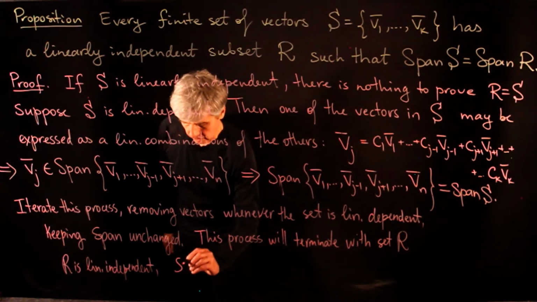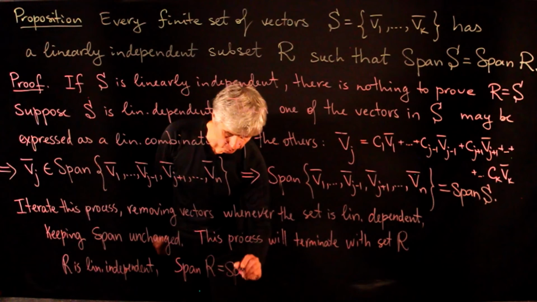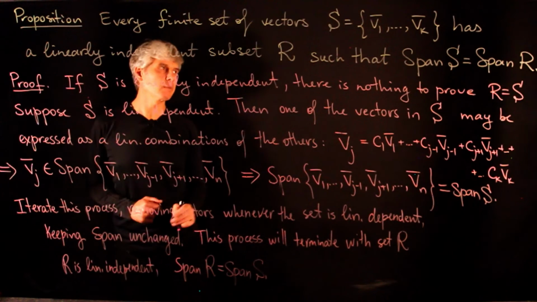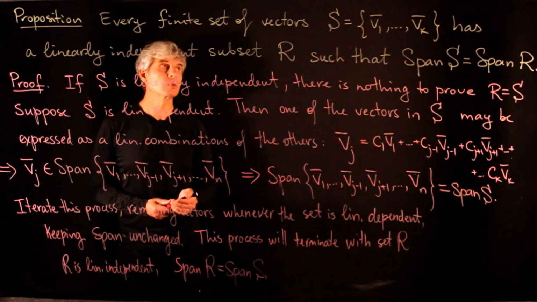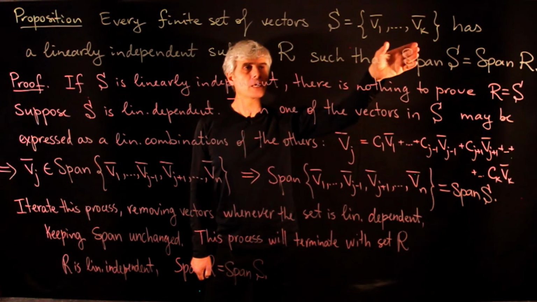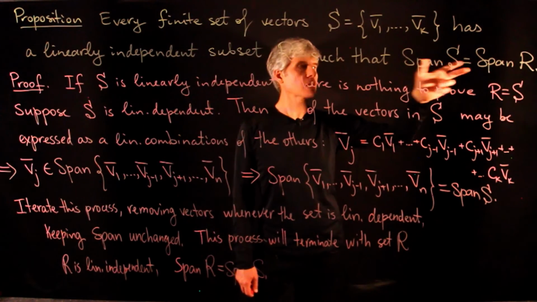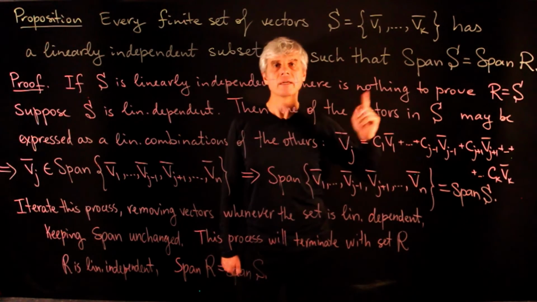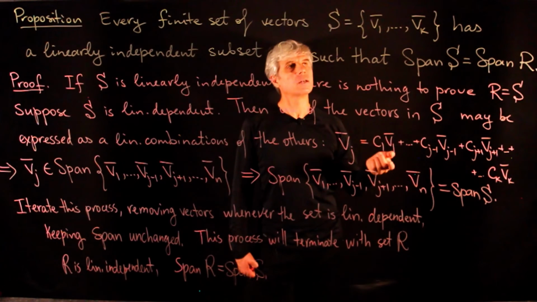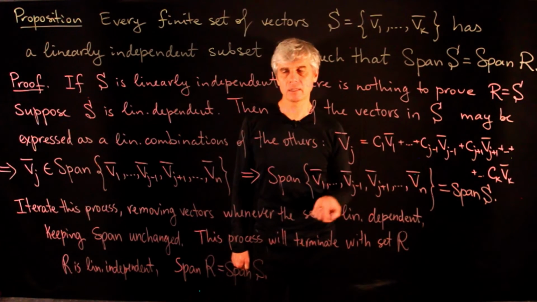So this means that the span of R will be equal to the span of S. And so this is the claim of our proposition. So that in any set of vectors, we can find a subset which is linearly independent, but the span of the subset is equal to the span of the whole set. And we do it by throwing out vectors one by one and stopping when the set is linearly independent.